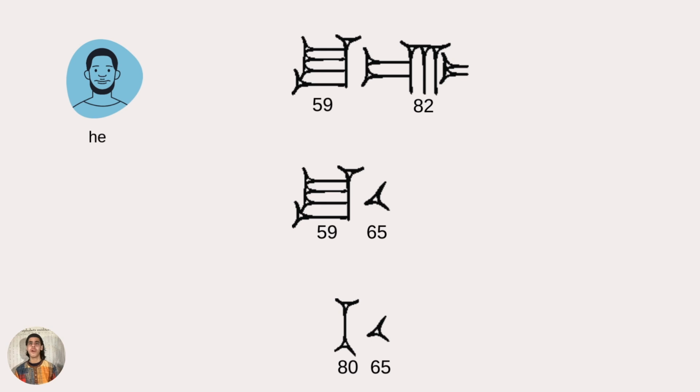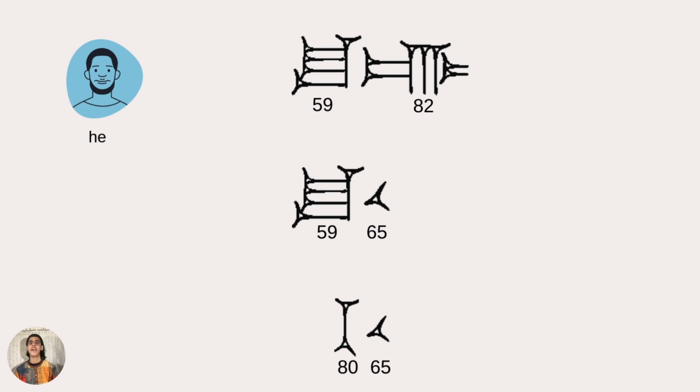And the next one is going to be he. We are going to have, and this is another reading rule, three different ways to write he. However, all of them sound exactly the same.